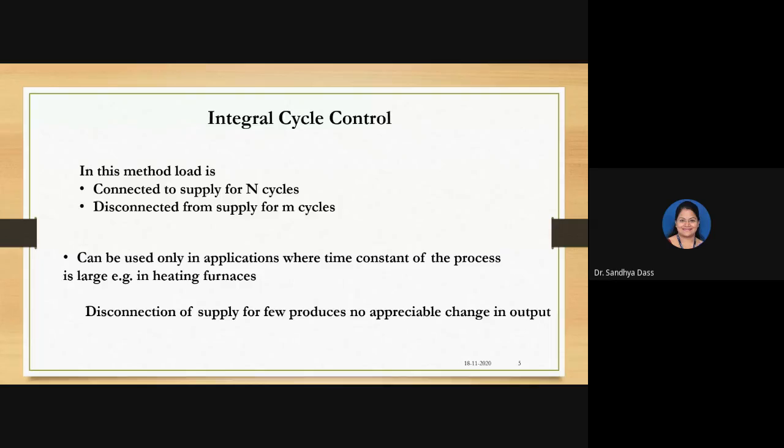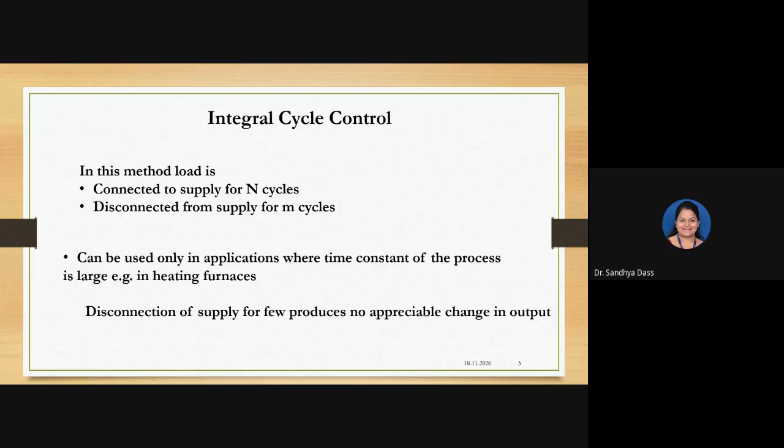As I mentioned, in integral cycle control, the load will be connected to the supply for only n cycles, and it will be disconnected from the supply for, say, m cycles. What is the use of this?